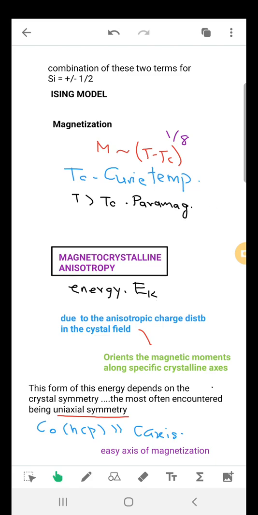Magnetocrystalline anisotropy is an energy K, due to the anisotropic charge distribution in the crystal field, which orients the magnetic moments along specific crystallographic directions. The form of this energy depends on the crystal symmetry, the most often encountered being the uniaxial symmetry, where you have a c-axis, which is called the easy axis of magnetization.